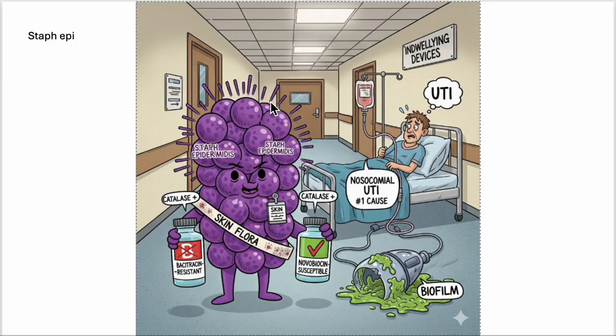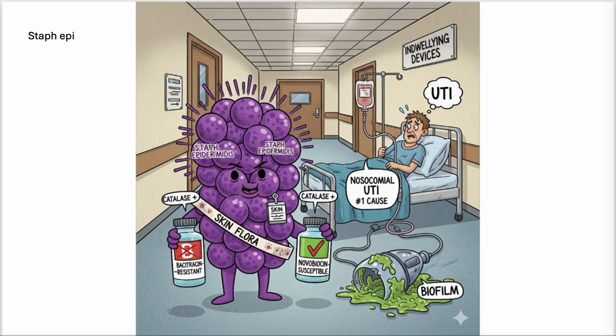Our little cocci are in clusters in little skin. So it's normal flora on skin. Here we go. Catalase positive, bacitracin resistant, and novobiocin susceptible. It also creates a biofilm, so that's what helps it crawl up those indwelling medical devices like the shunts and the catheters.